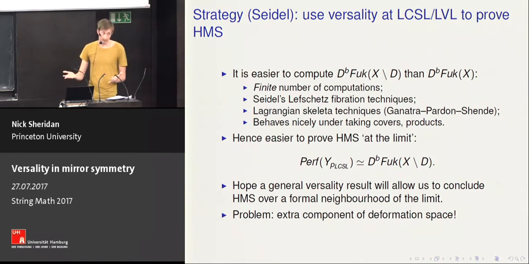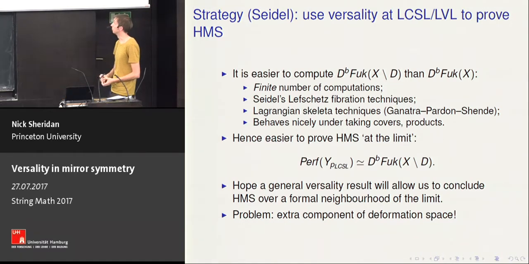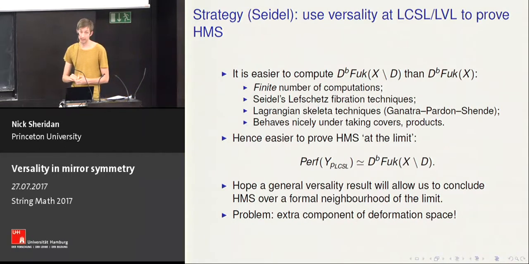So since it's easier to compute, it's easier for us to prove homological mirror symmetry in this limit. And then we hope that some general versality result of the kind that I mentioned before is going to allow us to extend from this boundary point in the moduli space to nearby points, which really lie in the interior of the moduli space, which is where we're really interested in proving it.